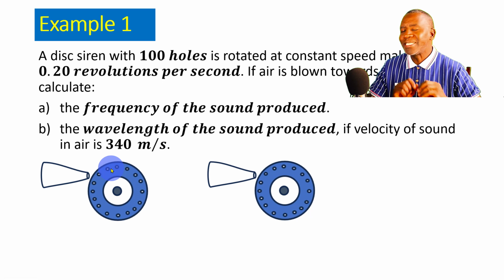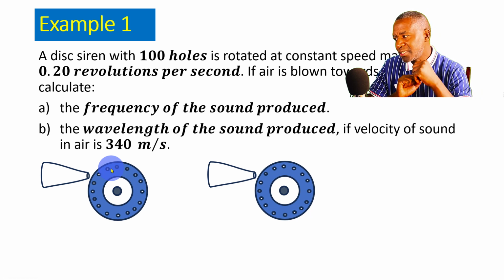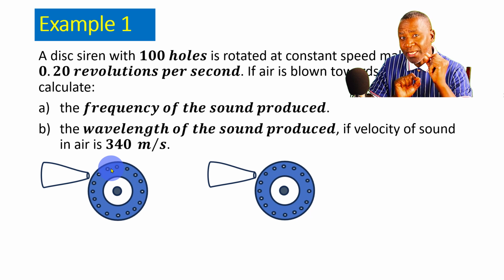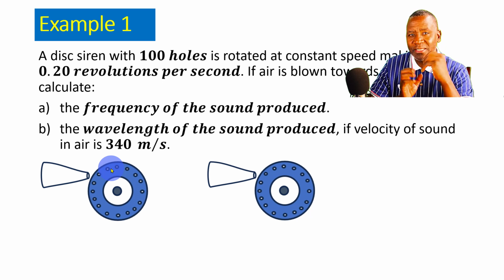There will be 16 interruptions per second if that disc is making 1 revolution per second. So we are going to have 16 interruptions of the sound per second. That means the frequency of that sound will be 16 Hz.